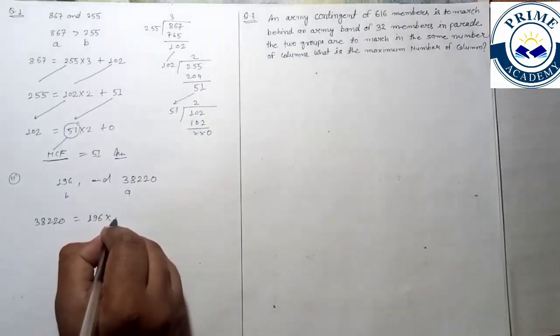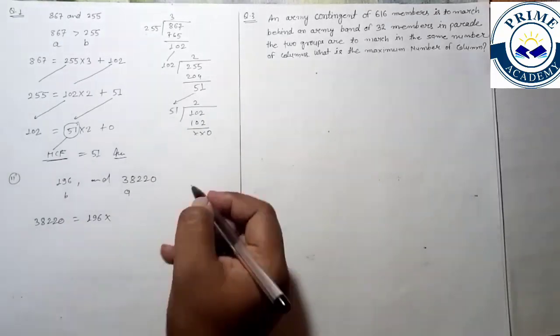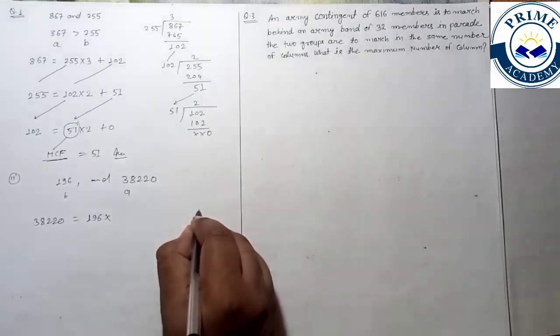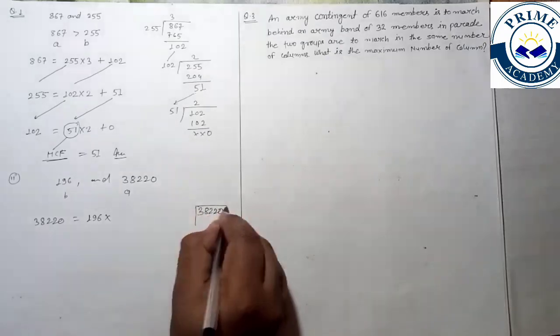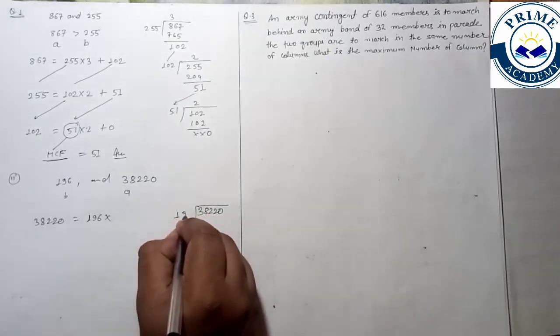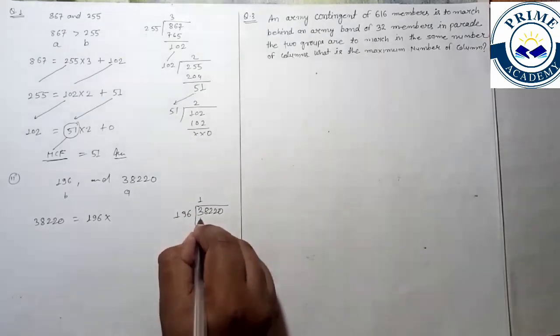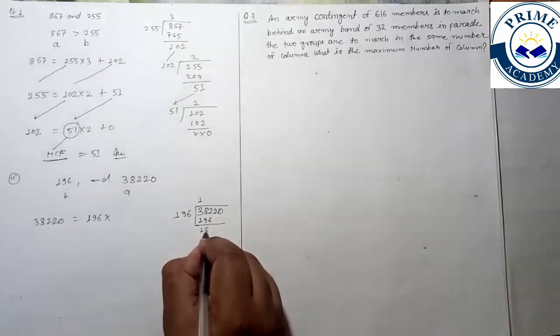What should I put here? You divide this by this and you will get the remainder. So you just go through the primary division rules. 38220 divided by 196. Just take 1, you will get 196. By subtracting it you will get 186.